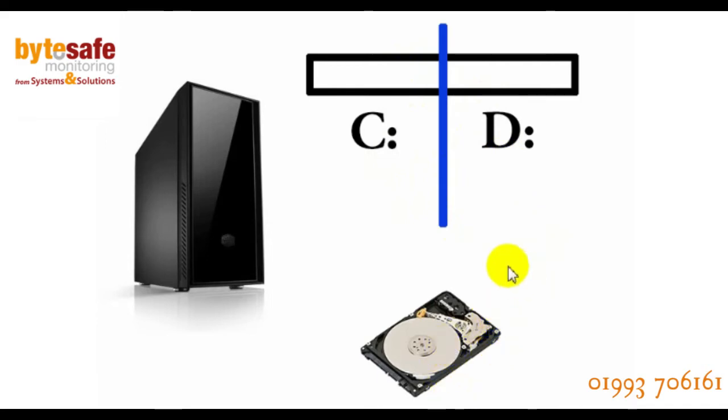The time that a C and a D partition on a drive is a good thing is when you have your system, programs and the operating system on one partition, and your data on another partition, so that if something happens to that partition then you can just rebuild it and the D partition is still intact and everything's fine.